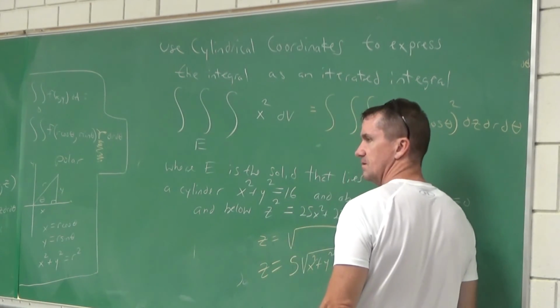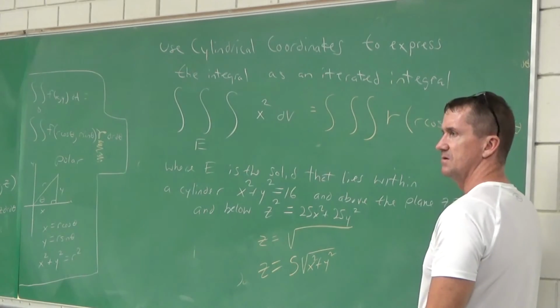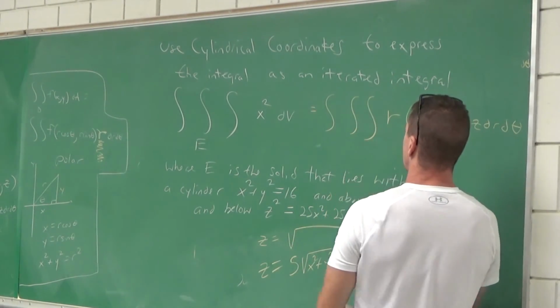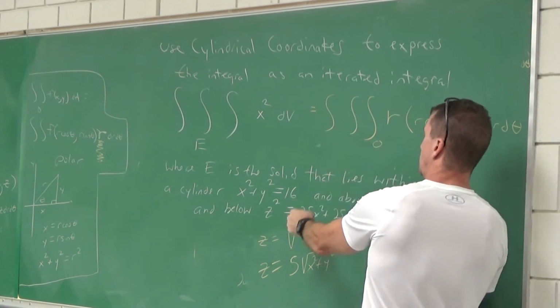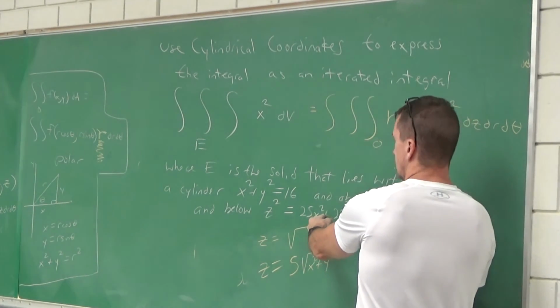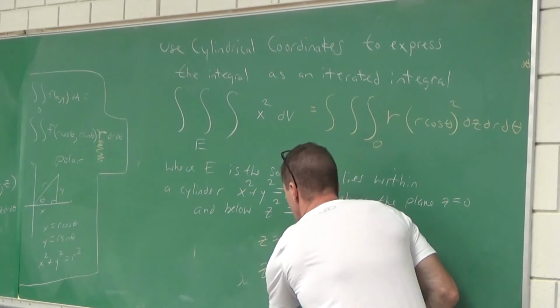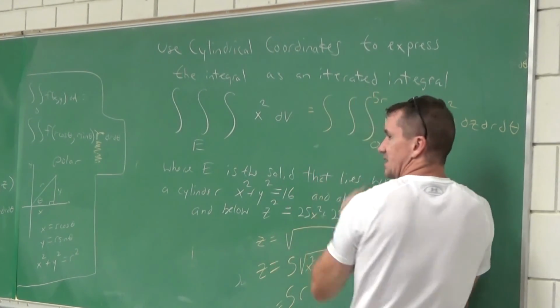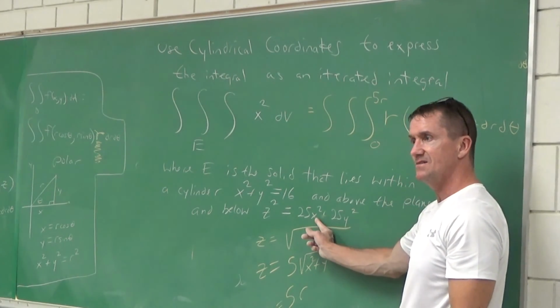What's the square root of x squared plus y squared? It equals r, right? 5r. So this is going to be above the plane z equals 0, but below this surface. I can just call this 5r. If z squared equals that, that's 5r.